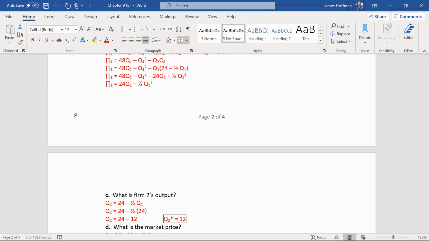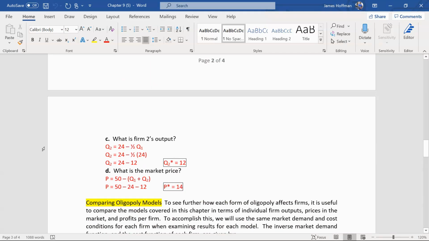There might be some spreadsheet software that I'm unfamiliar with. All right. So that's our first example of the Stackelberg leader-follower model. Any questions on what we did here?